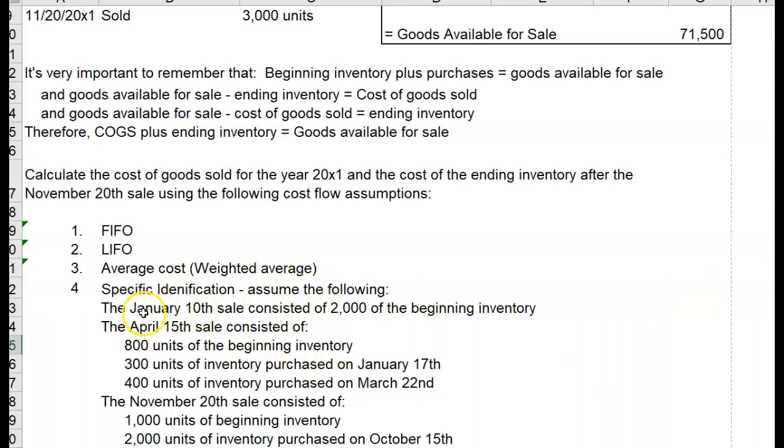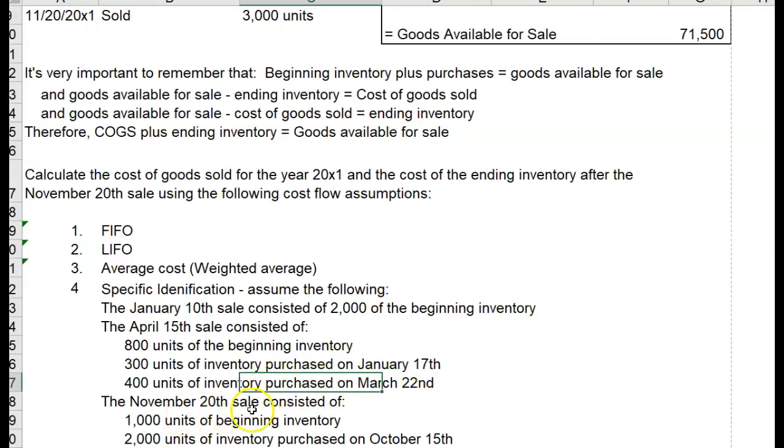I have provided you with the following information. The January 10th sale consisted of 2,000 items of the beginning inventory. The April 15th sale consists of 800 units of beginning inventory plus 300 units of inventory purchased on January 17th plus 400 units of inventory purchased on March 22nd.